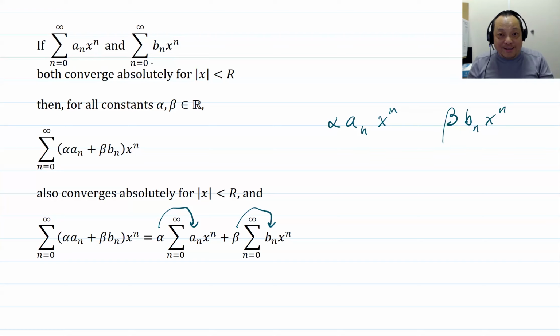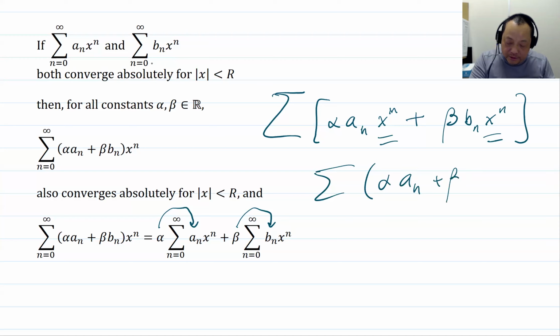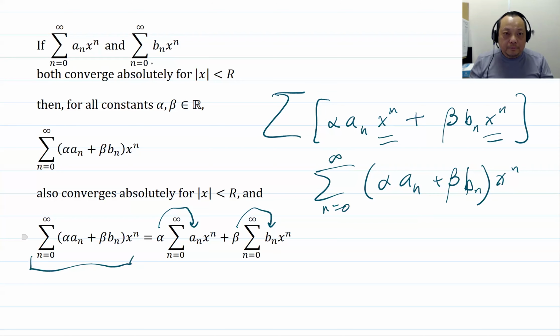What this theorem says is, even though they are sitting in 2 separate series, I can combine them into 1 series by erasing like that and actually adding them. Once I've combined them, I can factor out the x to the nth, and I end up with the sum of alpha a_n plus beta b_n, times x to the nth.